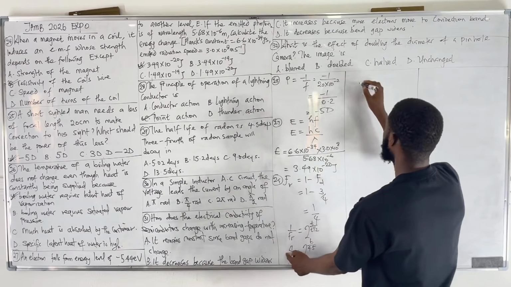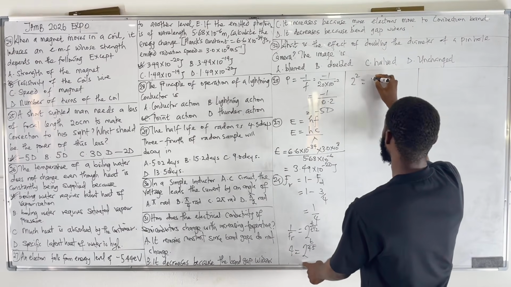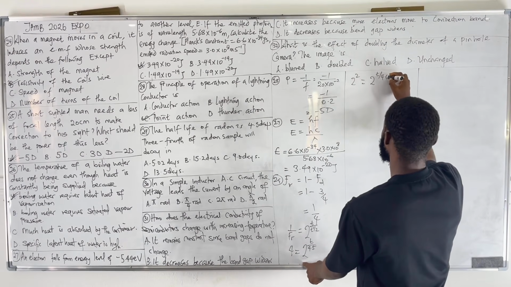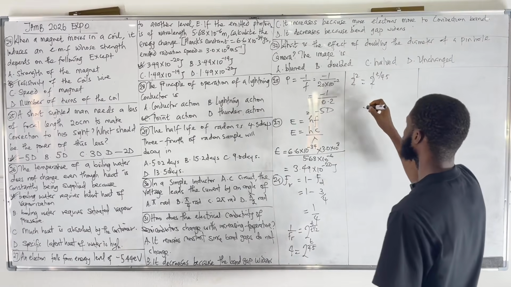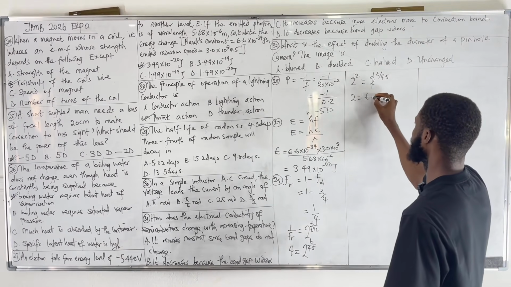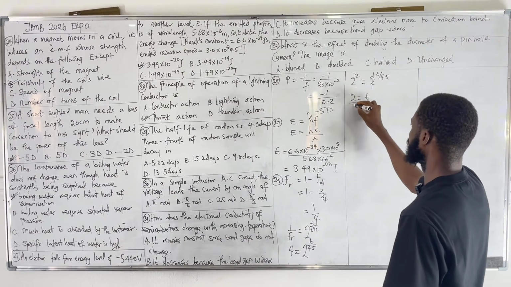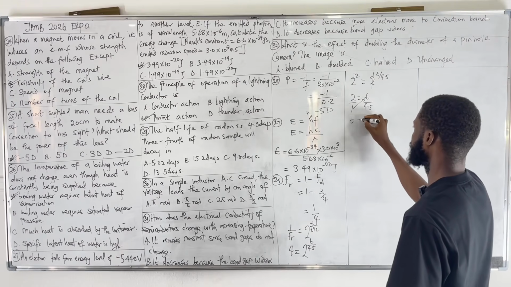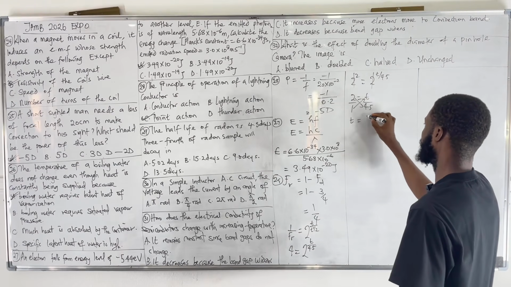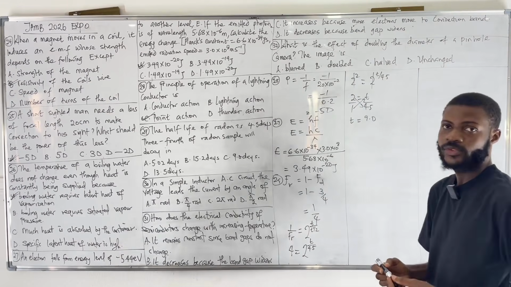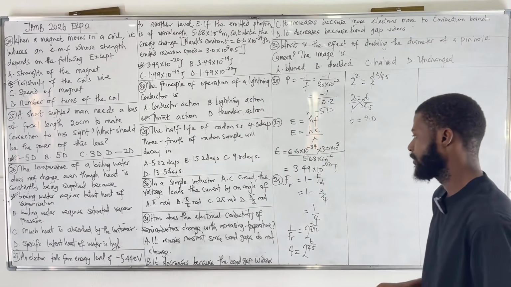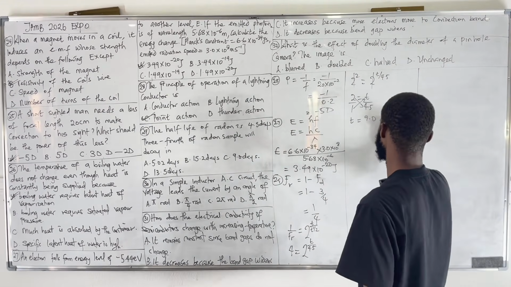Now 4 is 2 squared, so 2 squared equals 2 to the power of t over 4.5. The 2s cancel out, so 2 equals t over 4.5. Put 2 over 1, and t equals 2 times 4.5, which is 9.0. So that's our time, in days.